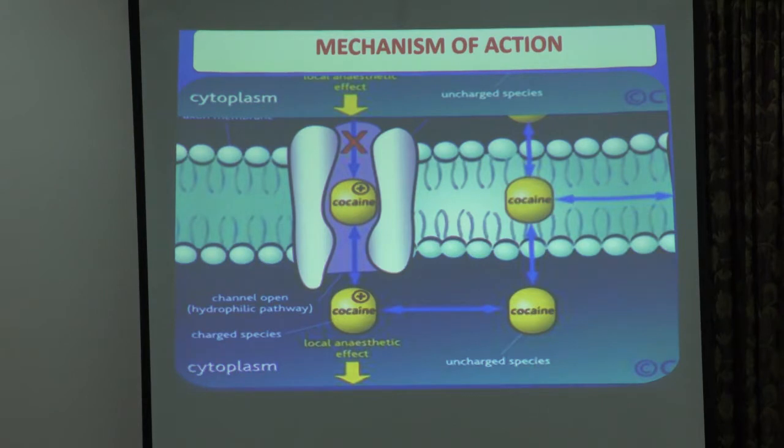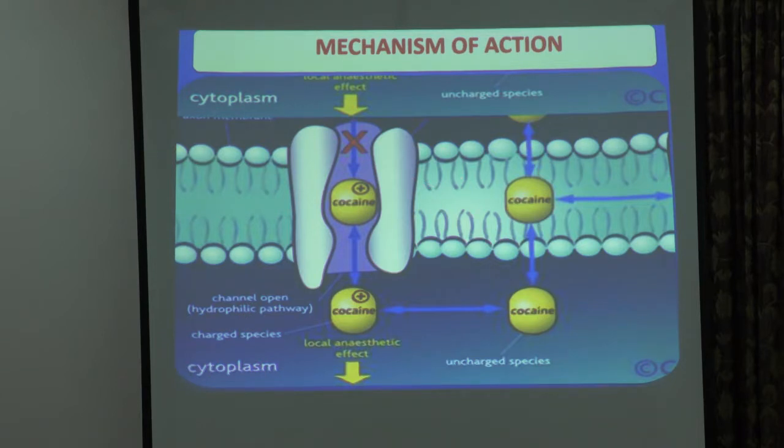So, what is the mechanism of action of a local anesthetic? There are several mechanisms, but this one, you may need to draw. Ideally, you give your local anesthetic, let's say you've infiltrated it from the skin, you expect it to cross the lipid bilayer. This is the lipid bilayer.